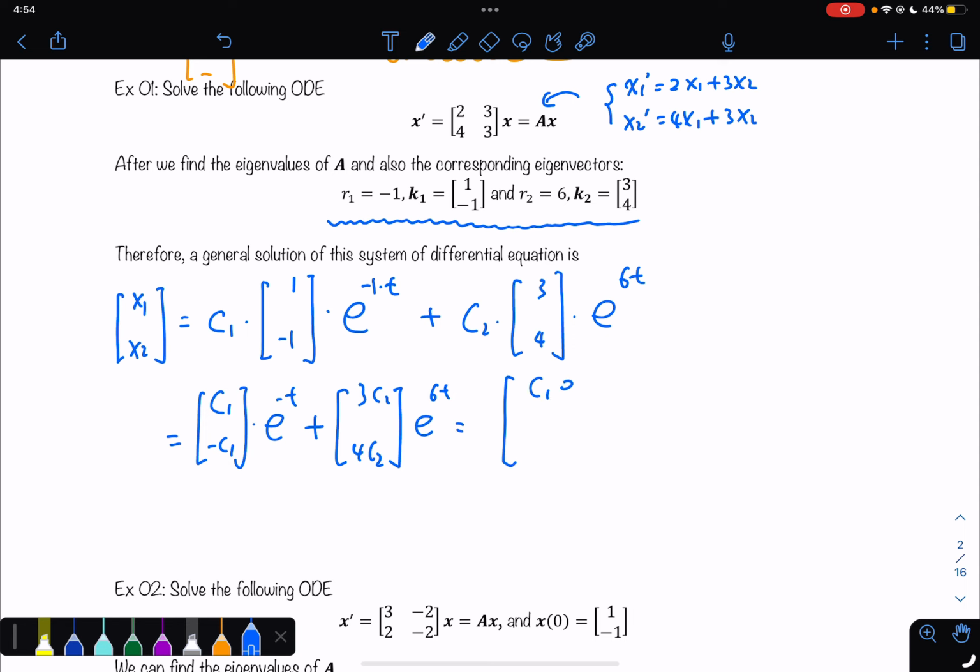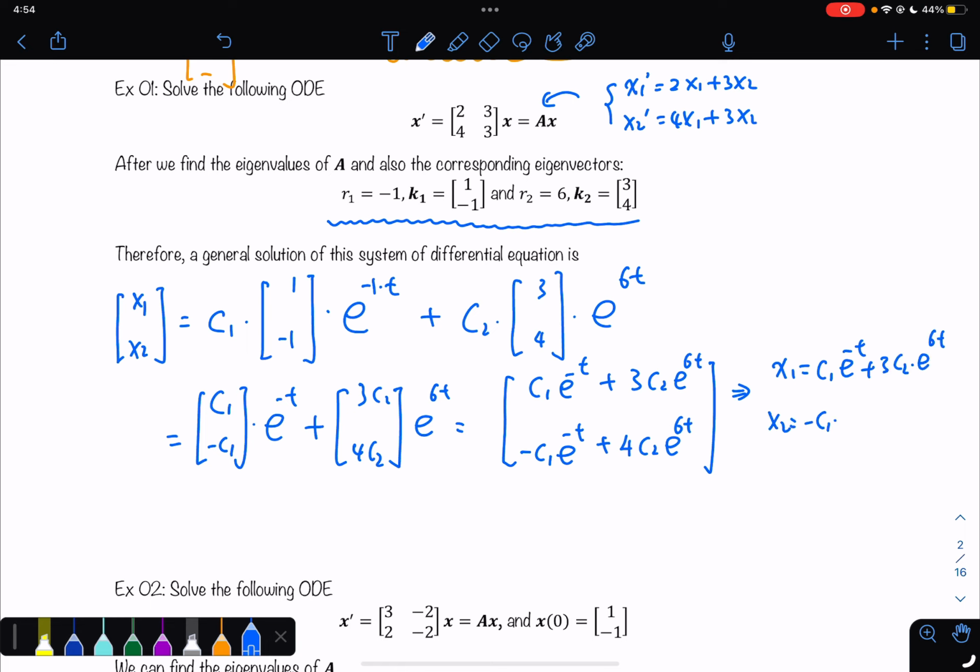So it's C1 e to the negative t, and negative C1 e to the negative t, added to 3C2 e to the 6t, and 4C2 e to the 6t. Because there are two rows, I can write them out separately. The first function has the solution x1 equals C1 e to the negative t plus 3C2 e to the 6t. x2 has negative C1 e to the negative t plus 4C2 e to the 6t.